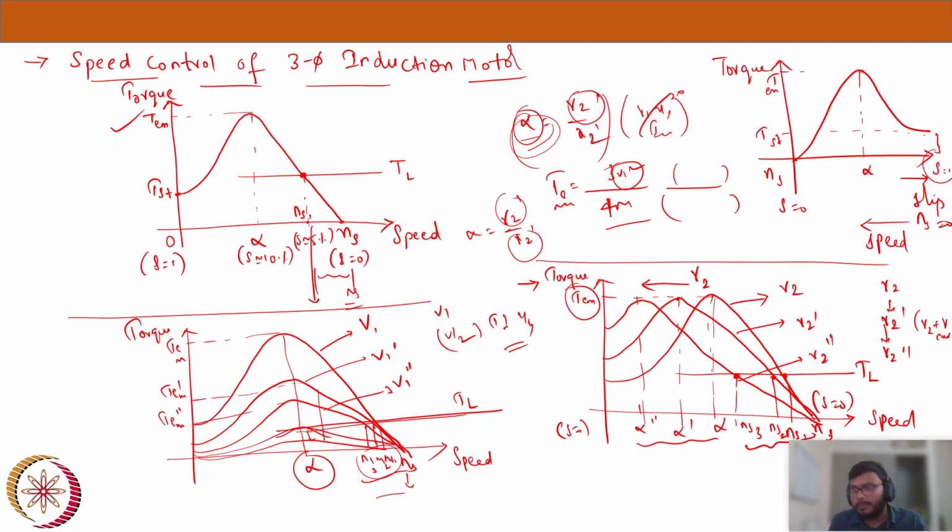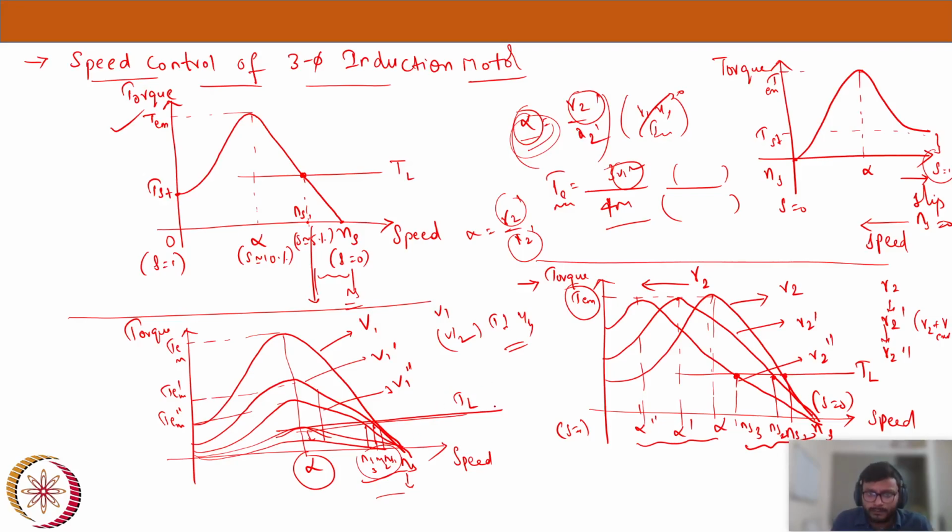The motor won't pick up speed and it cannot supply the full load torque. So we don't get a wide range of speed control in this method, and we also have very few options for varying the voltage. We can only go to some extent of supply voltage. There is a high chance that even if we go a bit lower, my motor won't even start rotating because it's below the load torque curve. That kind of disadvantage we see here.